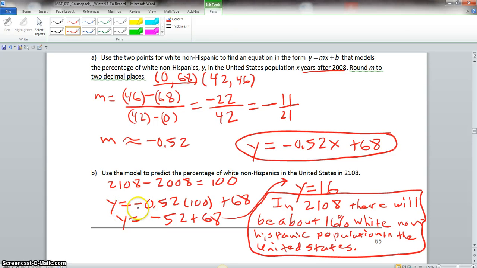So we have y equals negative 0.52 times 100, which gives us negative 52 plus 68. Negative 52 plus 68 is 16. So y is equal to 16, which is our percentage. So in 2108, there will be about 16% white non-Hispanic population in the United States. And that is it.